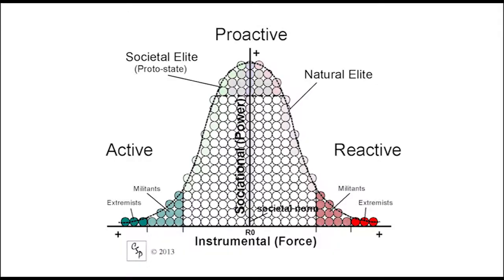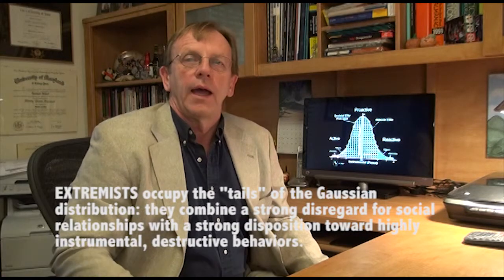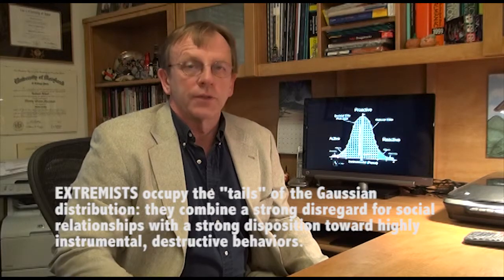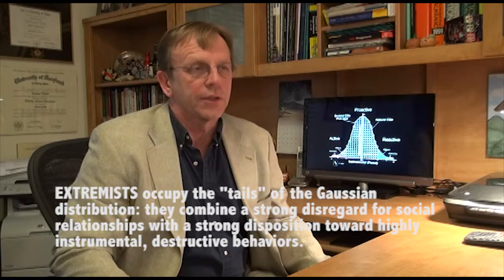On the other hand, in the tails of the Gaussian distribution, these are populated by largely asocial individuals, and largely individuals with proclivities to use force and coercion in their relationships.